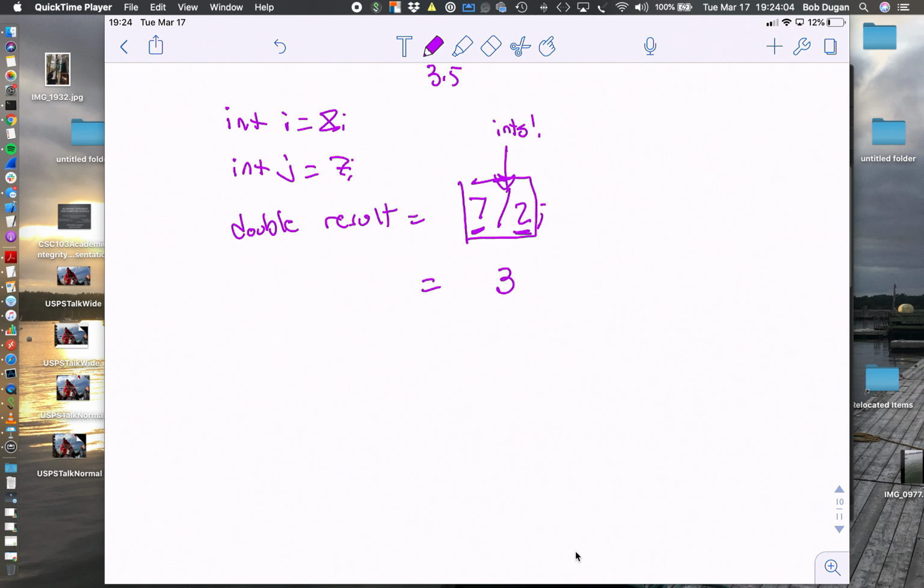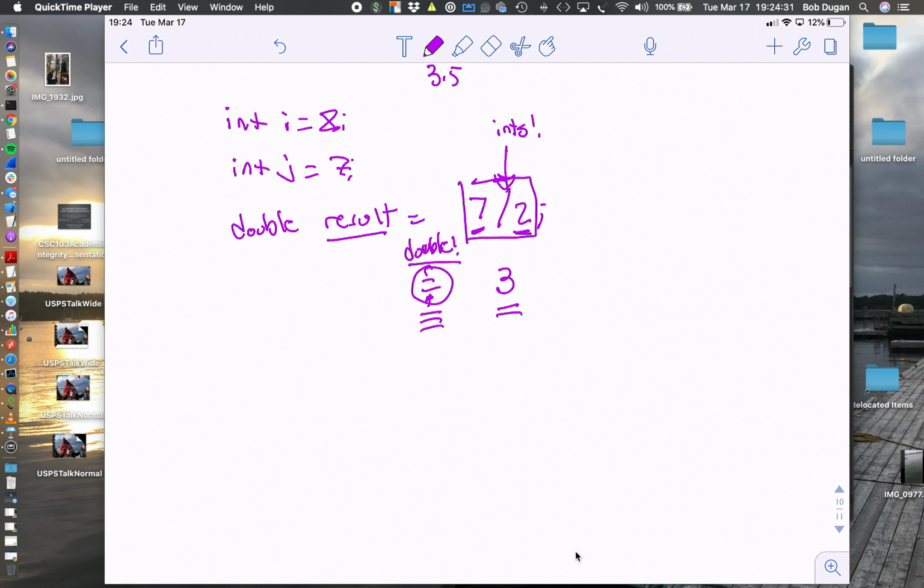The problem is, though, we now have this equal operator, or the assignment operator, and the assignment operator has a double on the left-hand side, result, and an integer on the right-hand side, that 3. The assignment operator is expecting a double, because ultimately the end result of the assignment is going to be in a double.